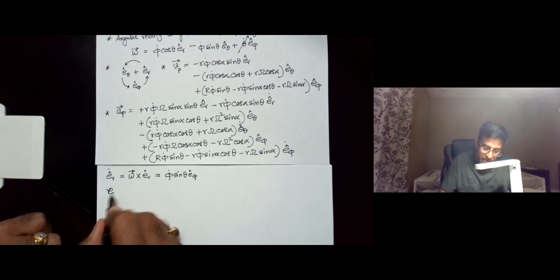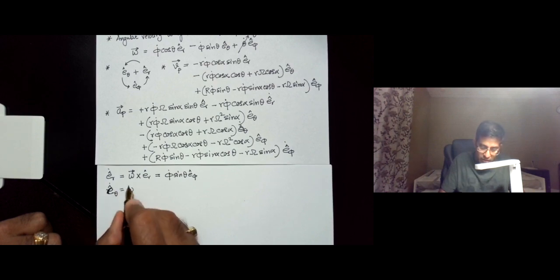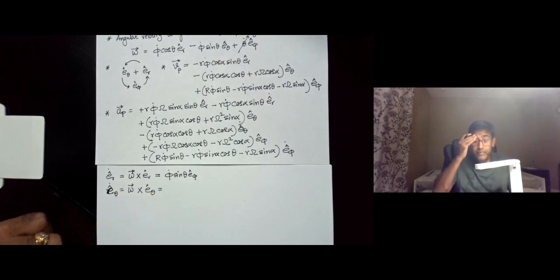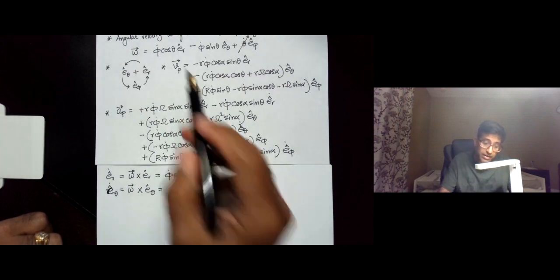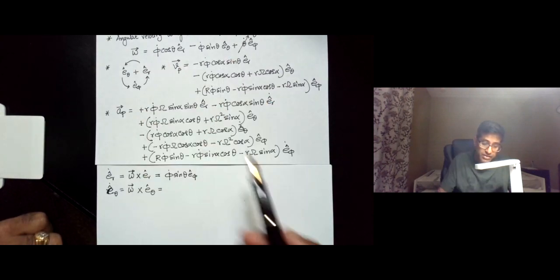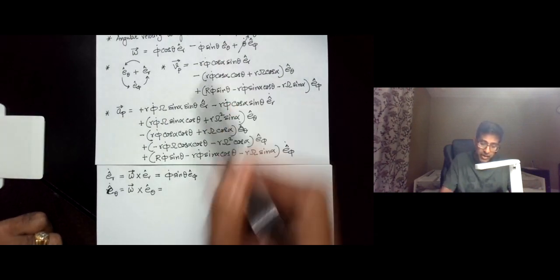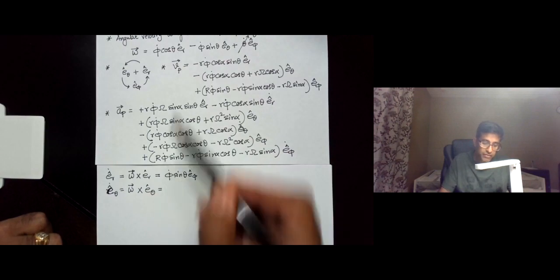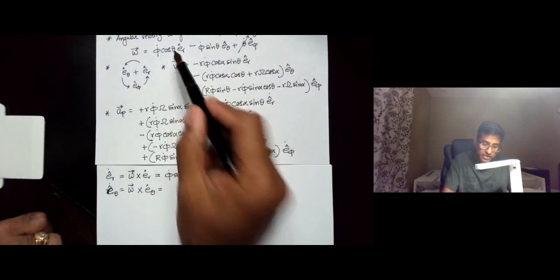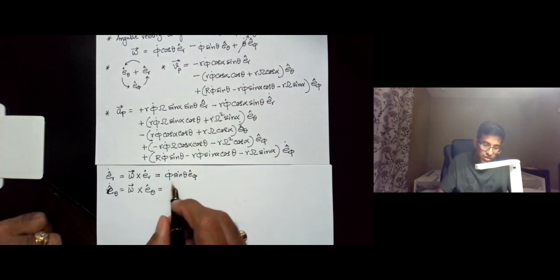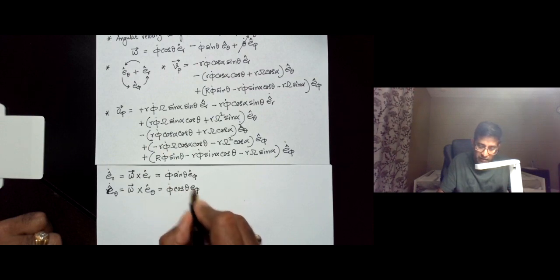Then we have the E theta dot, which is going to be omega cross E theta, and we do the same thing, that is, here is our angular velocity expression cross E theta. So this last term, when cross product with E theta, is going to be 0, so the only term that will show up is this cross ER, so ER cross E theta, which gives me E phi. So I'm going to have phi dot cosine theta E phi.